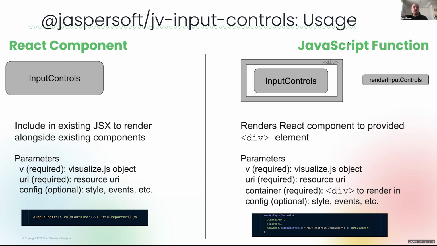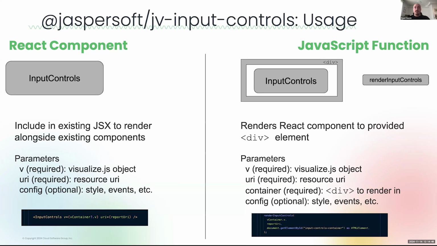And then we also have a JavaScript approach. So if you're not using React in your project, this is just kind of like a helper method that essentially uses React to render the components in a div element that you provide. You can see each of these take the same parameters, except for the other option, you additionally need to provide a div that will render the controls in.